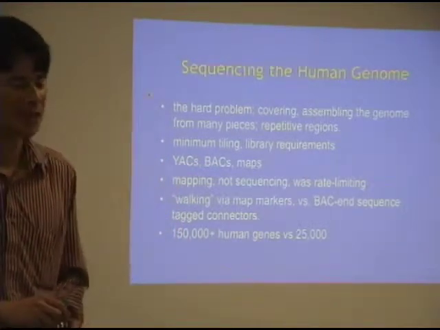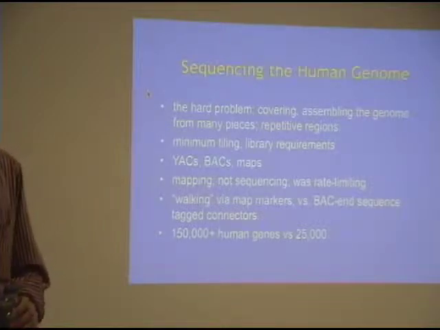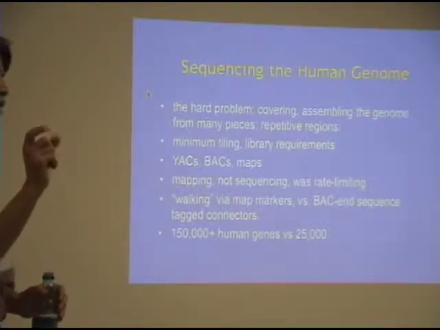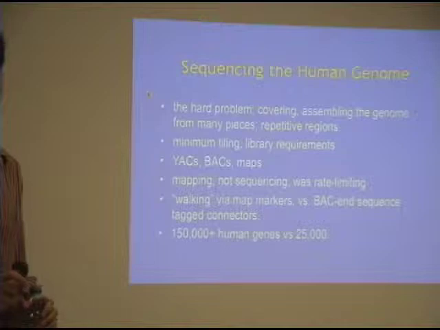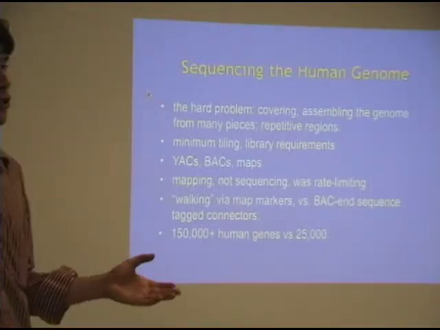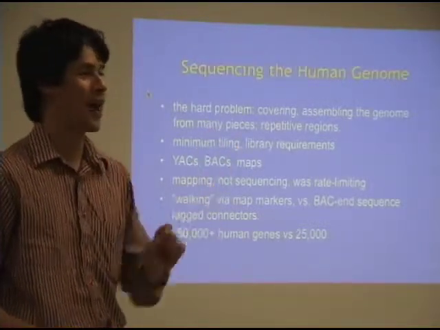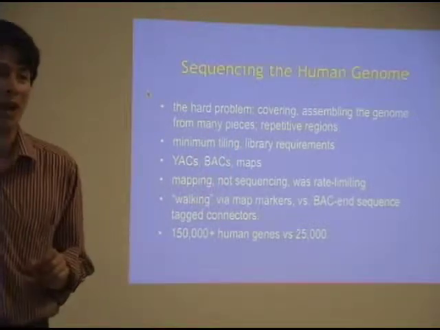The thing that's really difficult is that the machines could only sequence tiny little bits at a time. You could get out maybe 500 nucleotides at a stretch, one little fragment. How do you sequence 3 billion nucleotides when all you can do is sequence 500 bases at a time?